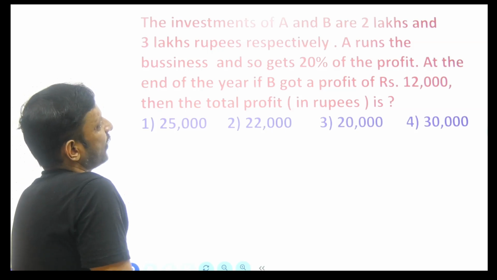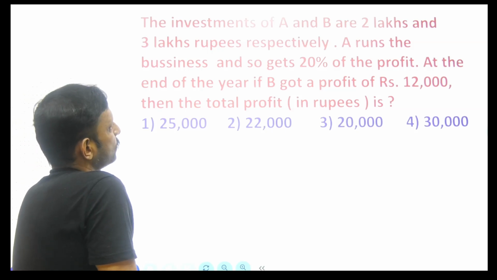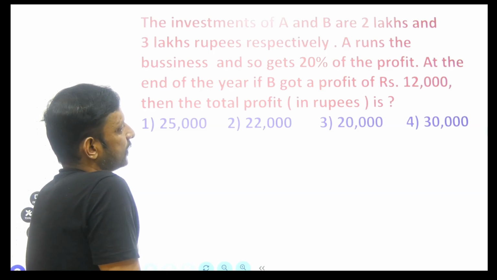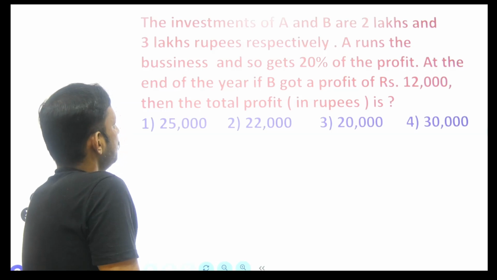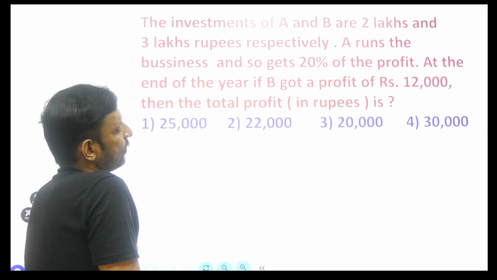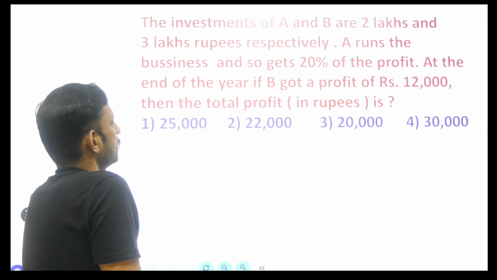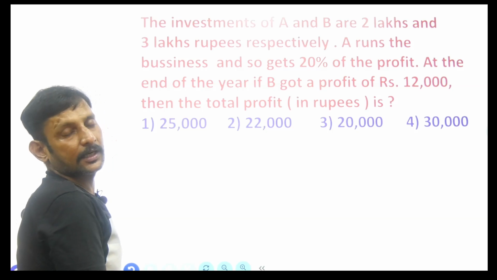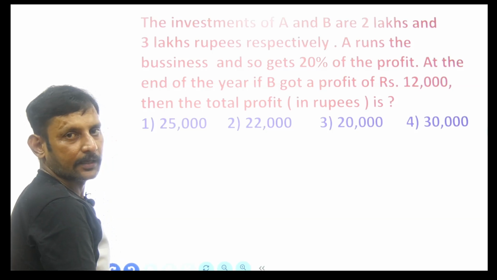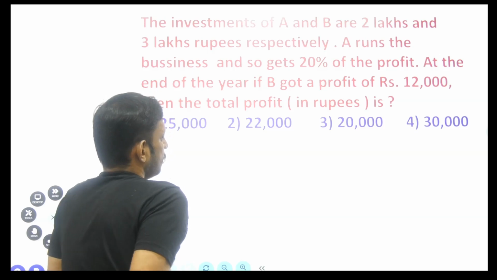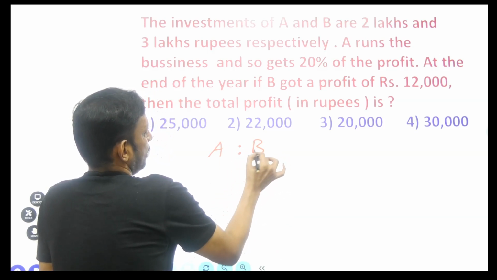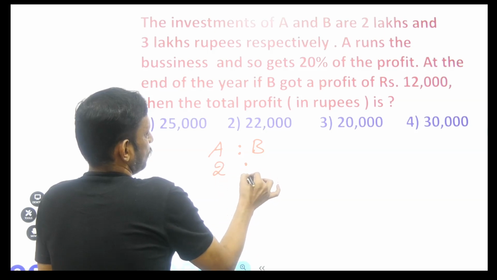The investments of A and B are 2 lakhs and 3 lakhs rupees respectively. A runs the business and so gets 20% of profit at the end of the year. If B got a profit of rupees 12,000, then the total profit in rupees is. This comes under partnership. Now, let us see the ratio A is to B, 2 is to 3.